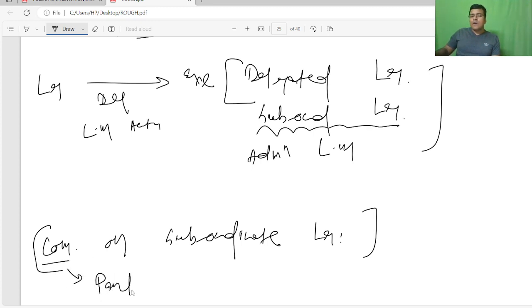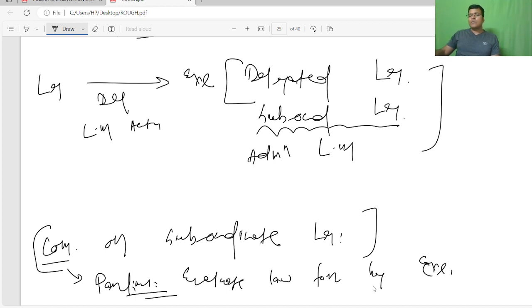This is a parliamentary committee that evaluates law formulated by the executive. So the law made by the executive, this committee on subordinate legislation evaluates, to ensure that the executive is not making some law that is against the ethos of the Constitution. So that is the Committee on Subordinate Legislation.